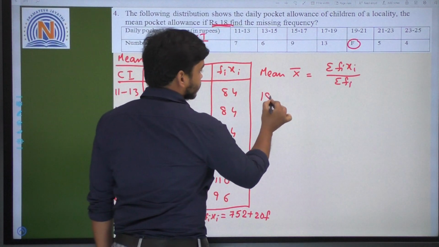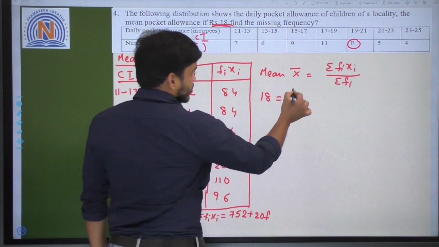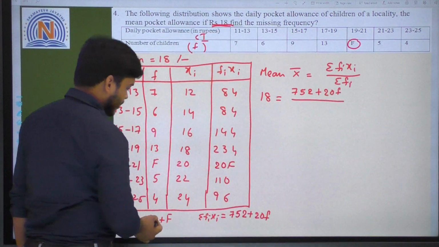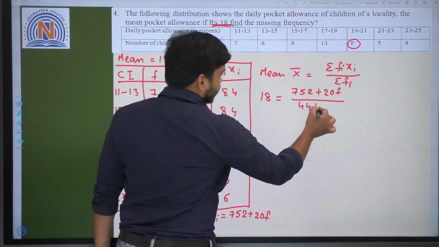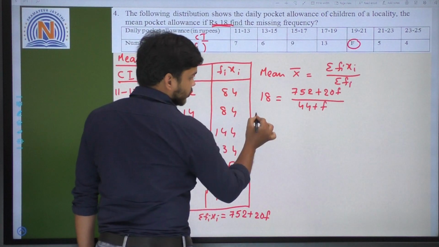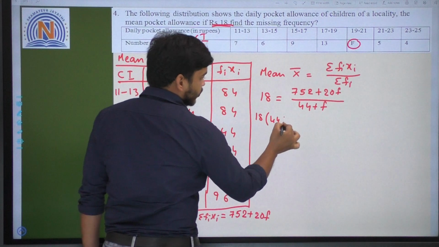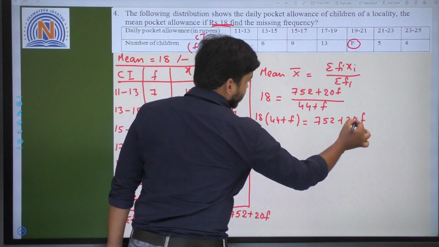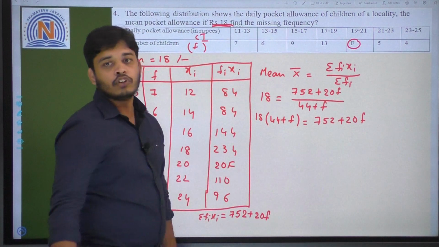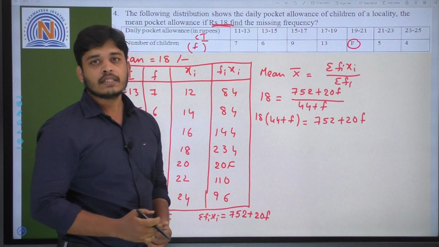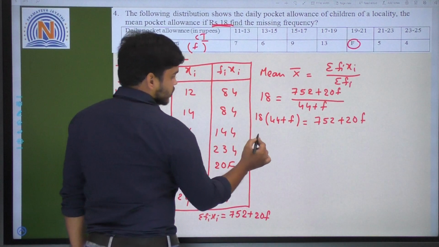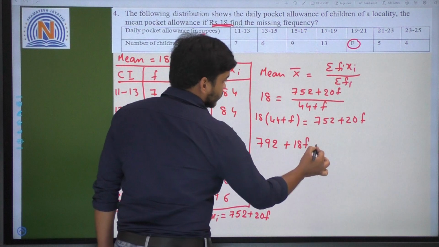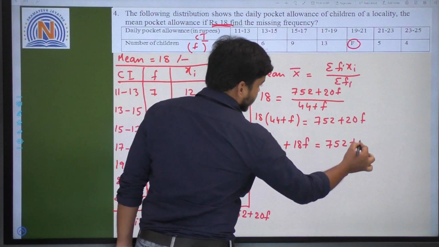So 18 is equal to 752 plus 20f by 44 plus f. Sending it to the right-hand side, 18 into 44 plus f is equal to 752 plus 20f. 18 forty-fours are 792, plus 18f, equals 752 plus 20f.